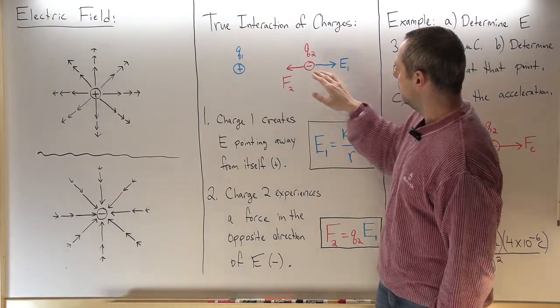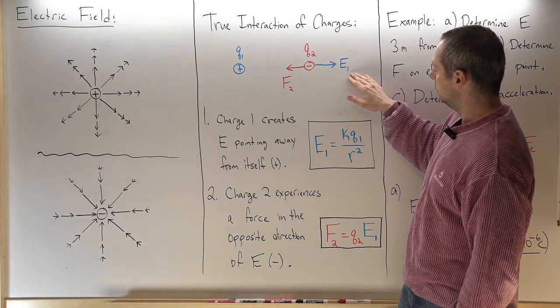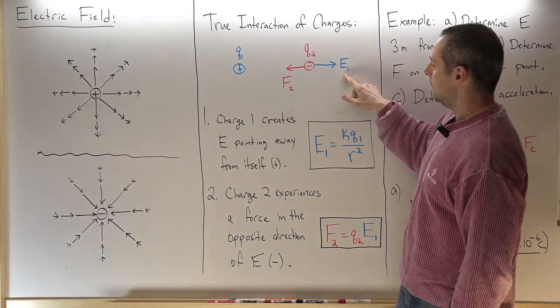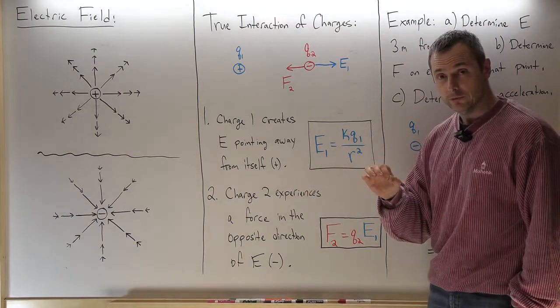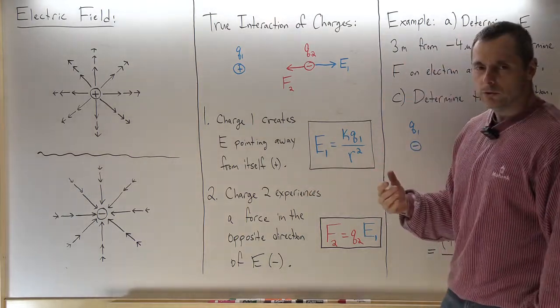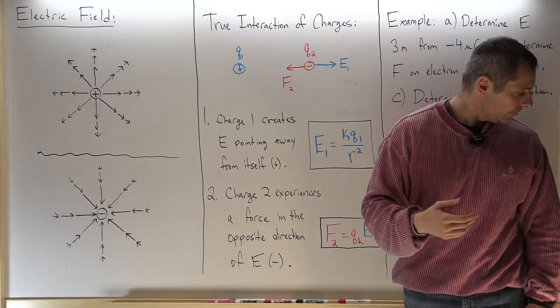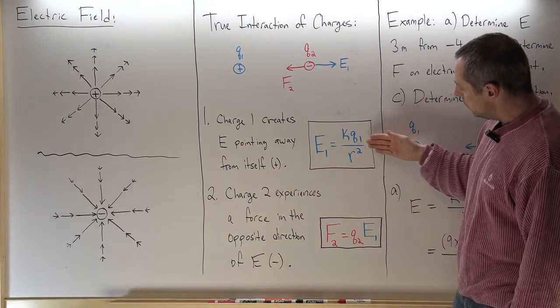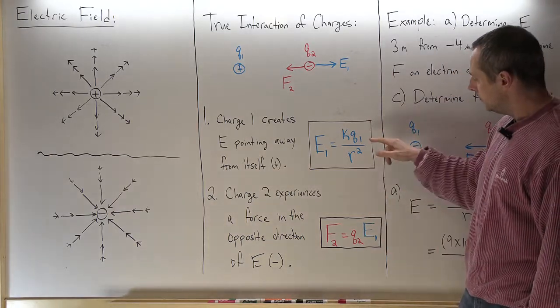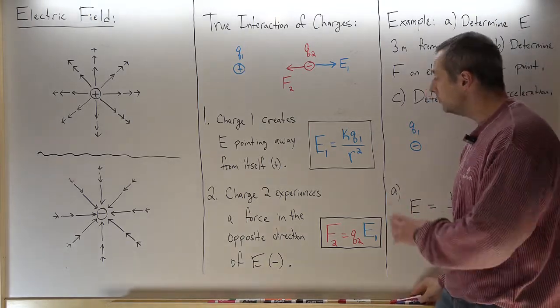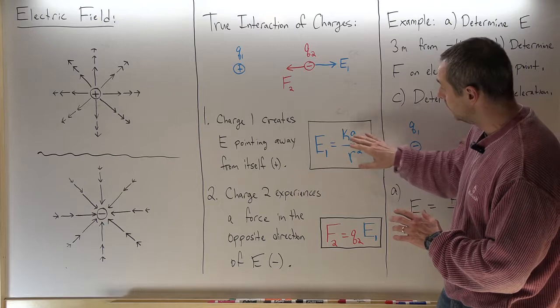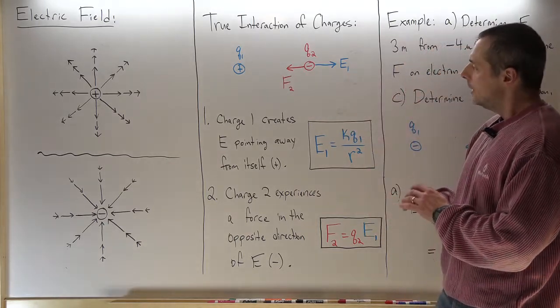So charge 1 creates electric field E pointing away from itself because it's positive. The magnitude of that electric field is kQ over r squared. I put the 1 here, but typically they don't have it in most books. I just put it there for clarity that the electric field came from charge 1.